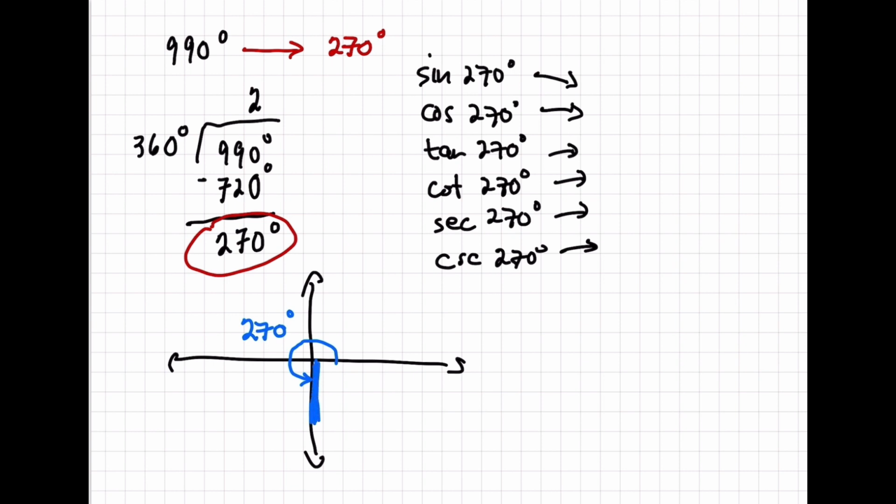And as you notice, it's opposite 90 degrees. So this is 90 degrees. Whatever the values are of 90 degrees, just put a negative sign and then you're all set. So what are the values of 90 degrees? That's 1, 0, undefined, 0, undefined, 1. But again, you negate the positive values.